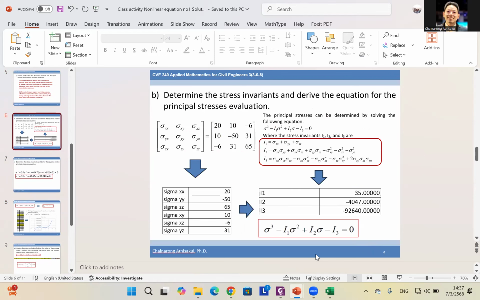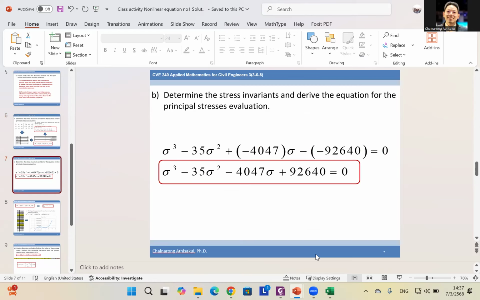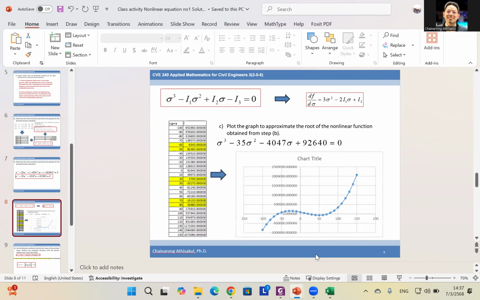The second one, we already derived the equation; we already determined the stress invariants and derived the equation. The third one is the graph, which we already did.